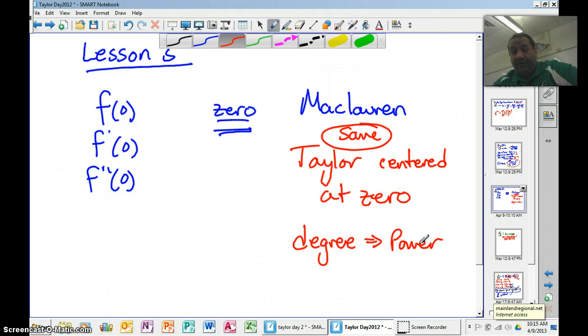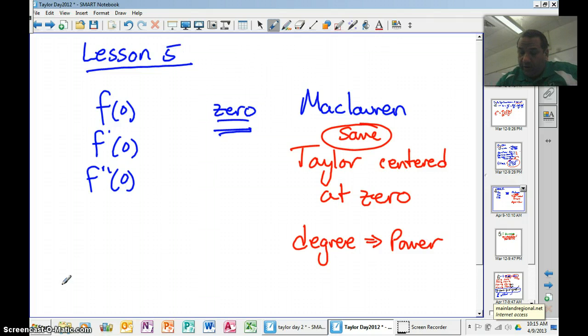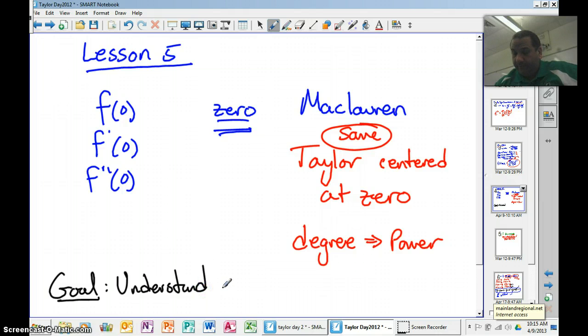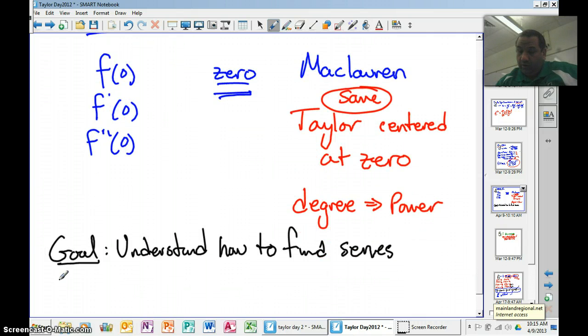Degree is the power. Our learning goal for today is to understand how to do problems, to understand how to find series not centered at 0.